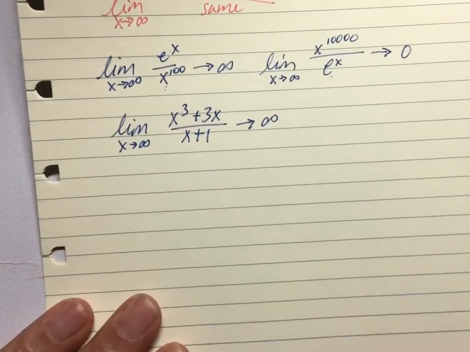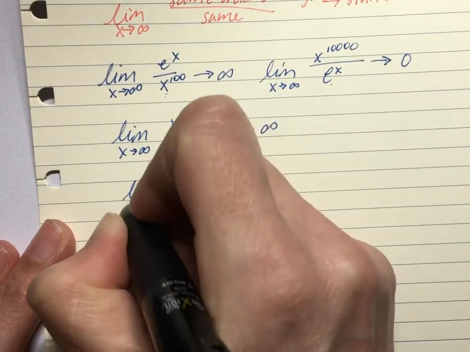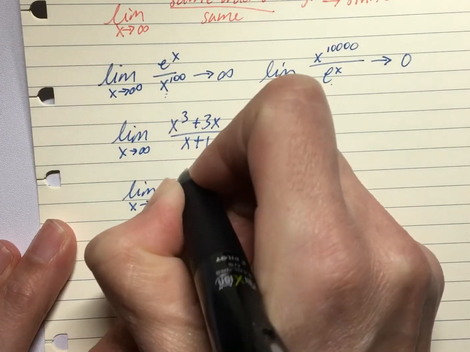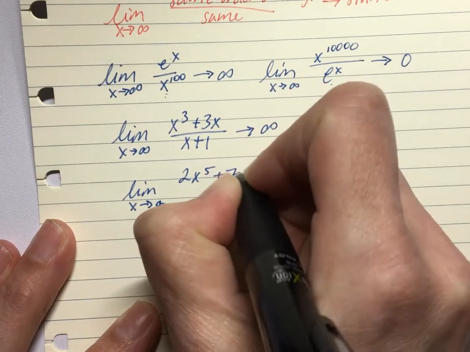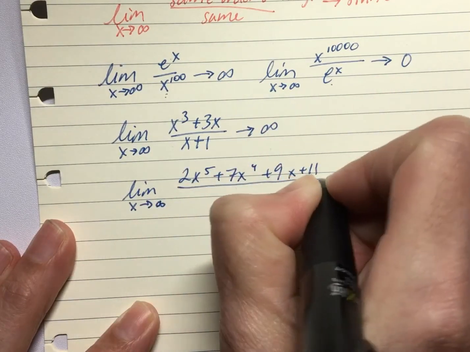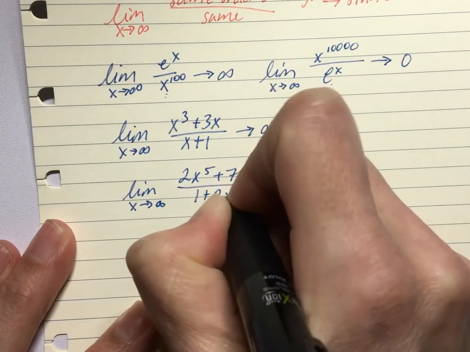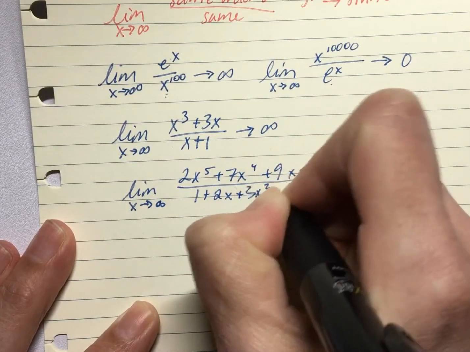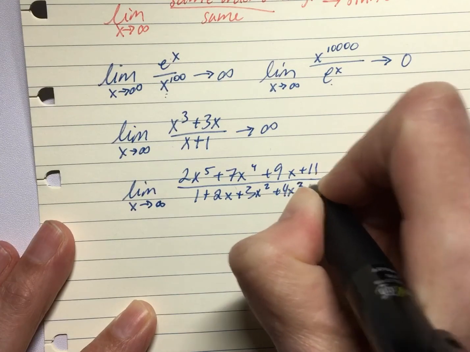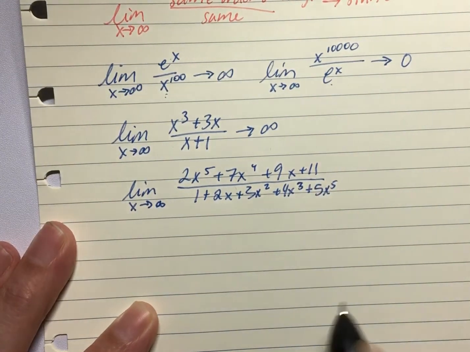And then a last quick example: say we had the limit as x goes to infinity of 2x to the 5th plus 7x to the 4th plus 9x plus 11, divided by 1 plus 2x plus 3x squared plus 4x to the 3rd plus 5x to the 5th.